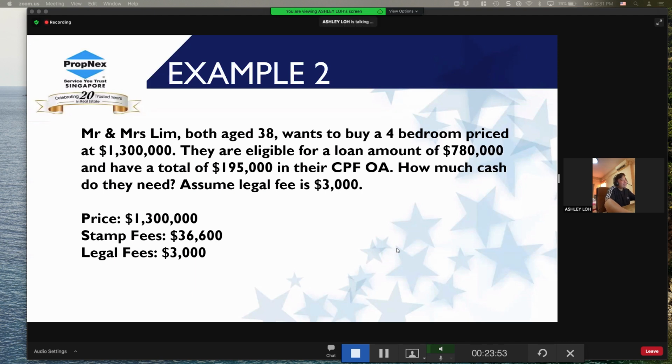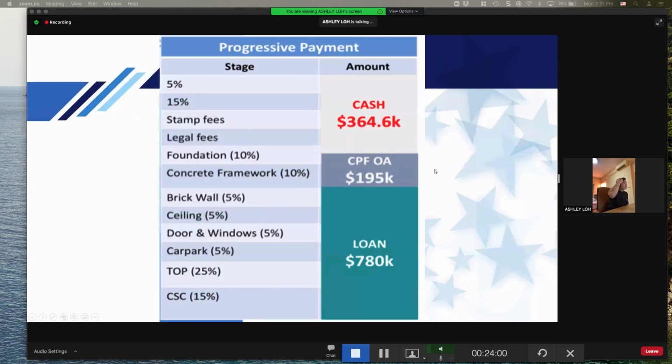I think generally the majority are following so far. Okay, yes, it's 364,600. Anyone didn't get 364,600? Right. I'm assuming no one.